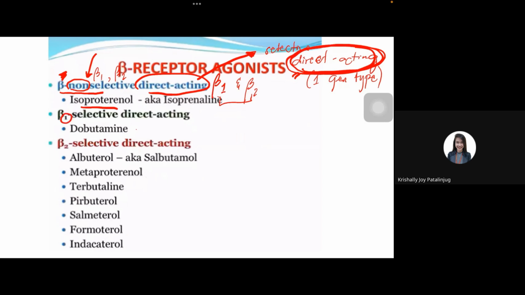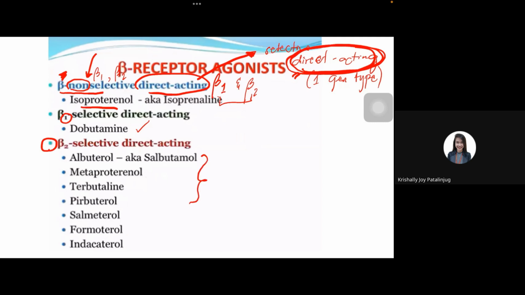So we have one specific example, dobutamine. Then we also have beta 2 selective direct acting. We have the following: albuterol, also known as salbutamol, metaproterenol, terbutaline, pirbuterol, salmeterol, formoterol, indacaterol, and so on and so forth.